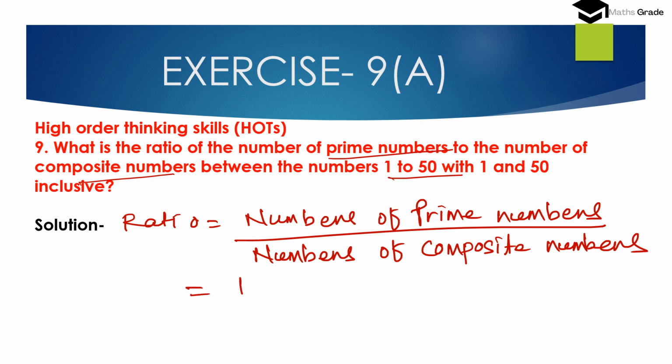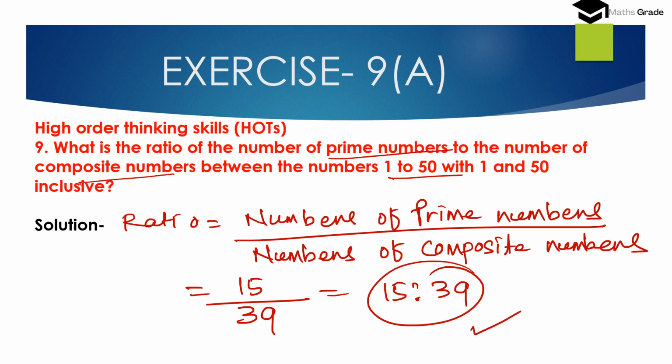So prime numbers is 15 and composite numbers is 34. We got the number of composite numbers as 49 minus 15, which is 34. So the ratio of the number of prime numbers to the number of composite numbers is 15 is to 34.